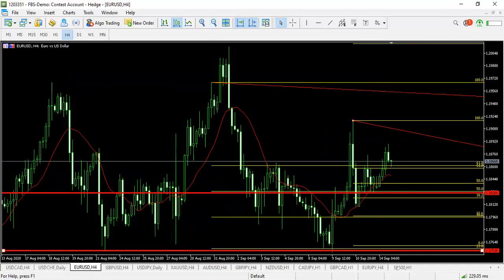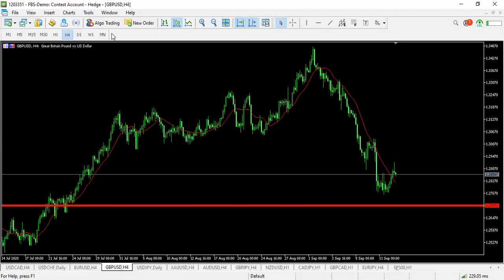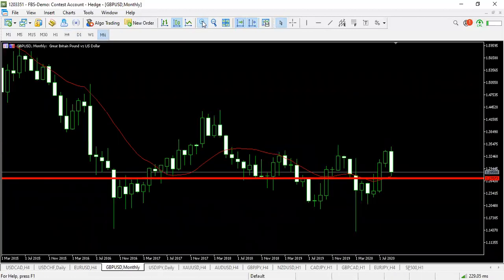Right. The pound USD, let's see what's going on here.